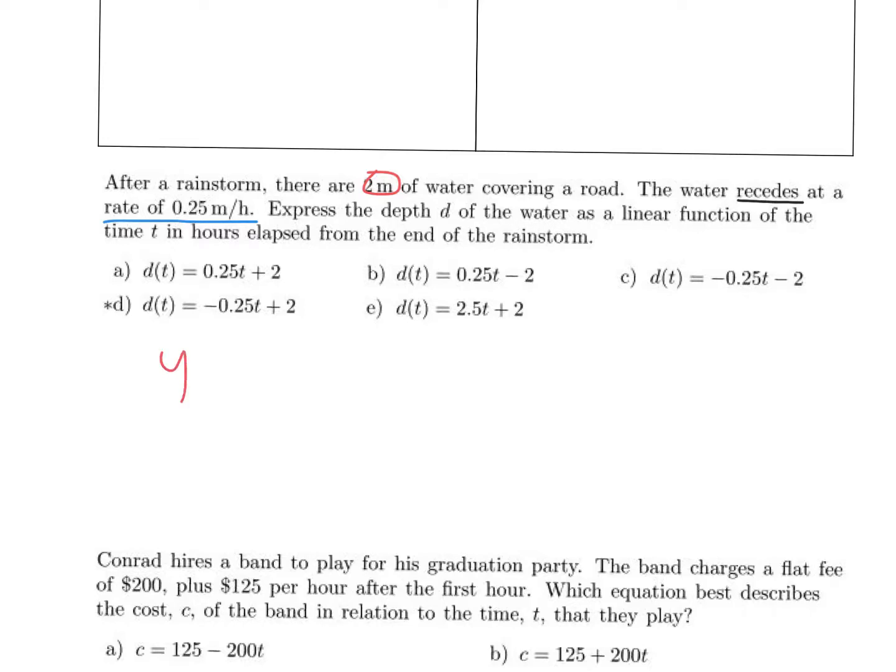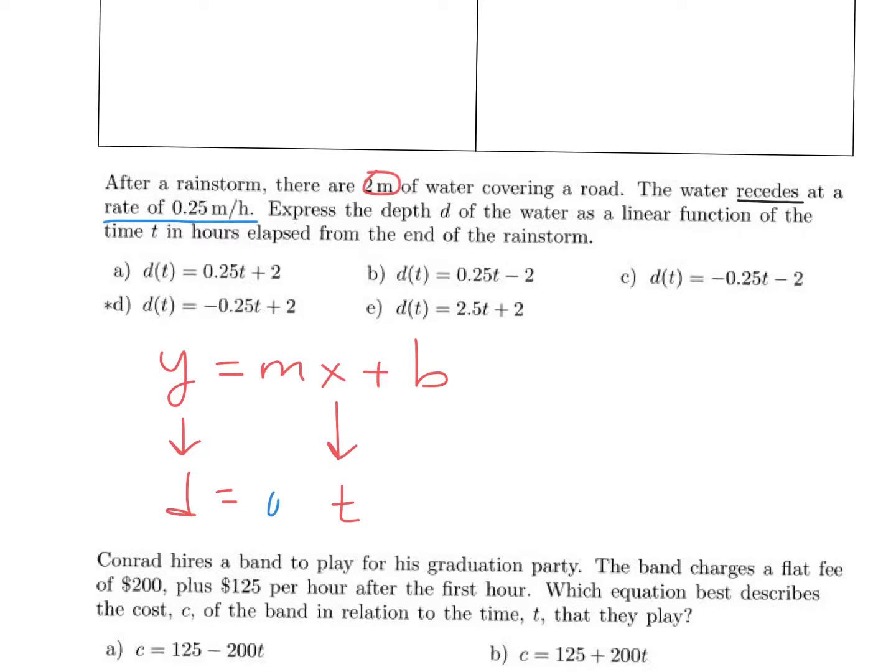I've taught you guys about this function, y equals mx plus b. Okay? So instead of using y, they want you to use d, and they want you to use t in place of x in this case. So d equals your slope. Remember what I said earlier about rate?